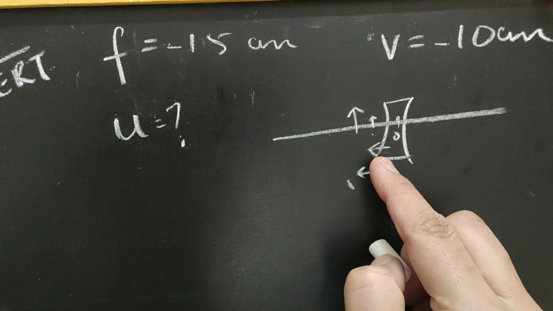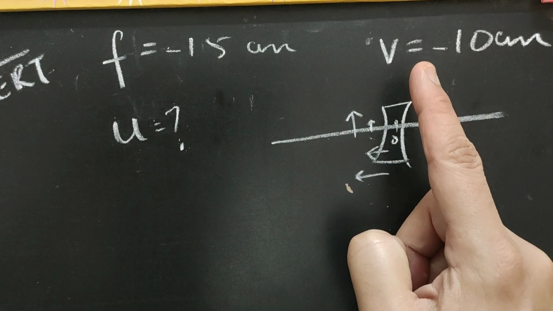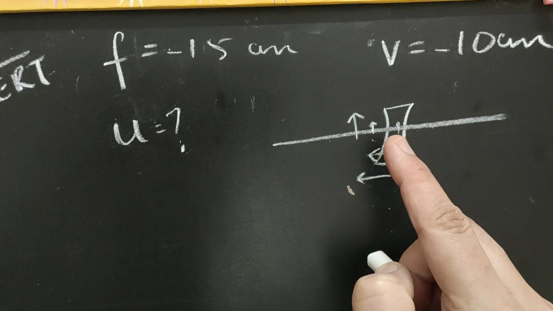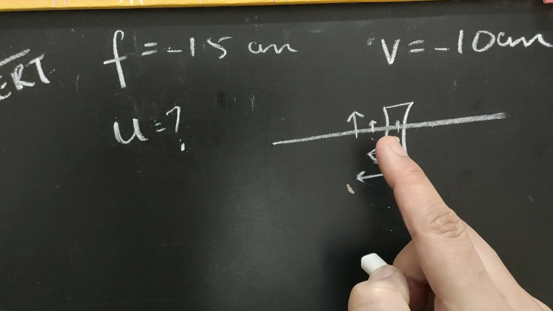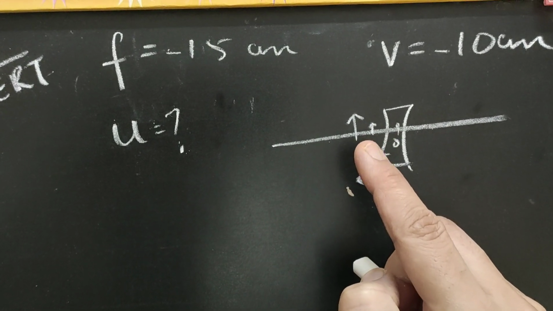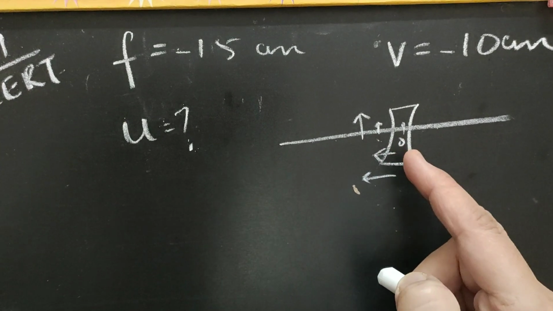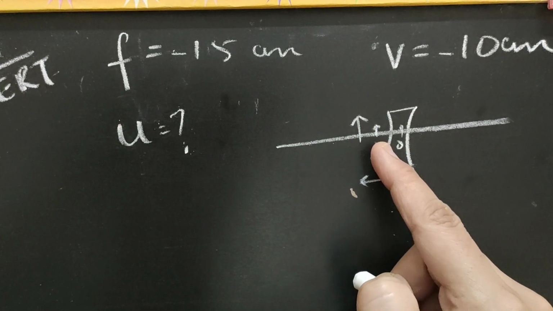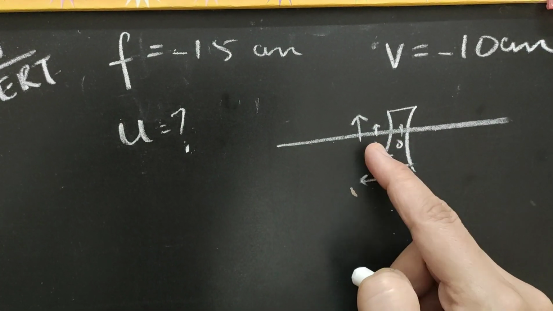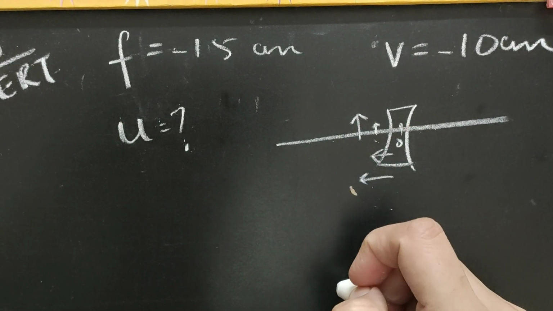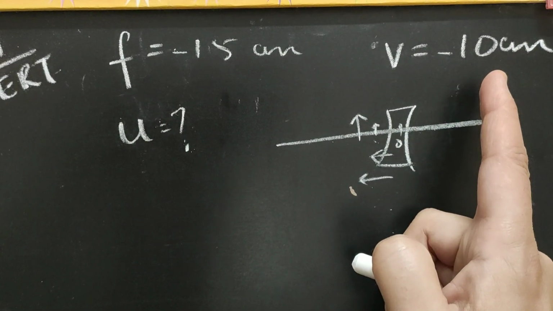So V here is going to be negative. Again I repeat, the same reason why we take U negative is applicable here, why we take V negative in case of concave lens, because the distance of the image from the optical center is being measured opposite to the direction of incident light. So V is minus 10 centimeter.